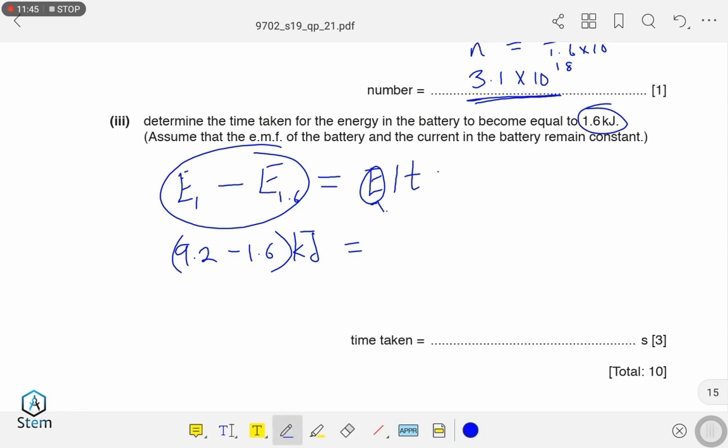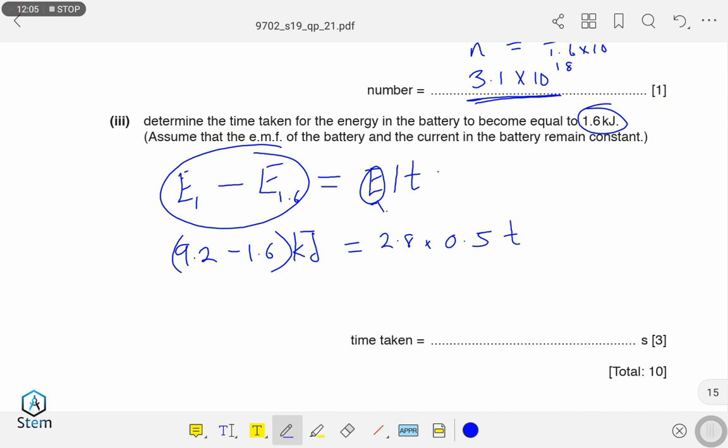I think it was 2.8. Yes, 2.8 multiplied by I, which is the current flowing. The current flowing through this is 0.5 multiplied by the time taken by the current to flow.